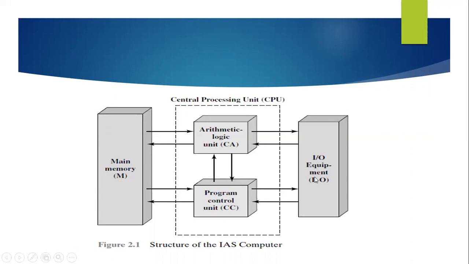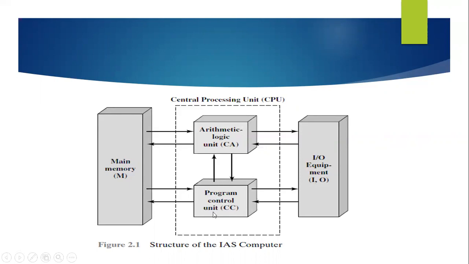Let's take a simple example. Let's say I want to add two numbers. You give these two numbers through your keyboard, which is an input device. They are first fed to the program control unit.